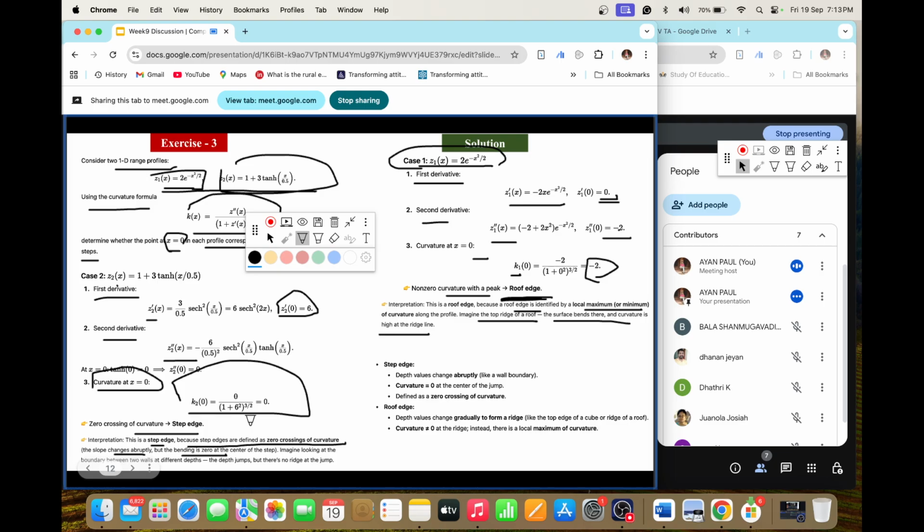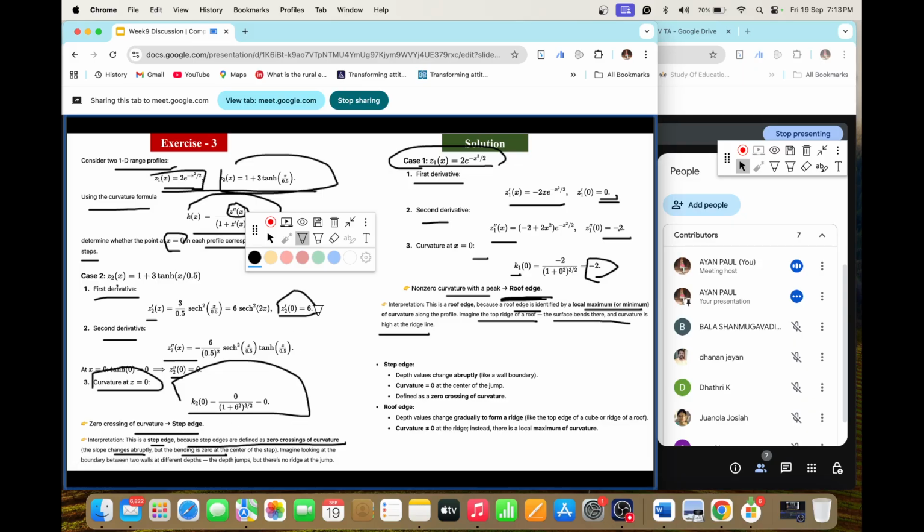Curvature being 0 means this value will be 0, that value will be 0, and that is how the curvature will be 0. This means a zero crossing of the curvature, that is, the curvature is not changing much. So z double dash x is 0. It is a step edge, because step edges are defined as zero crossing of the curvature.